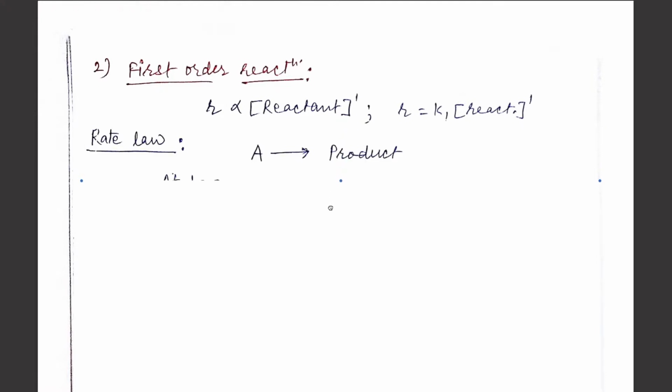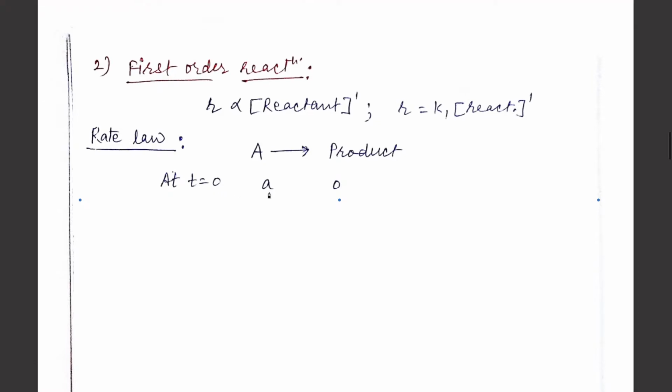For derivation of its differential rate equation, let us start with a general equation where A is the reactant that gives us product. In the starting, when time is 0, let us assume that the concentration of reactant is a and the concentration of product is 0.